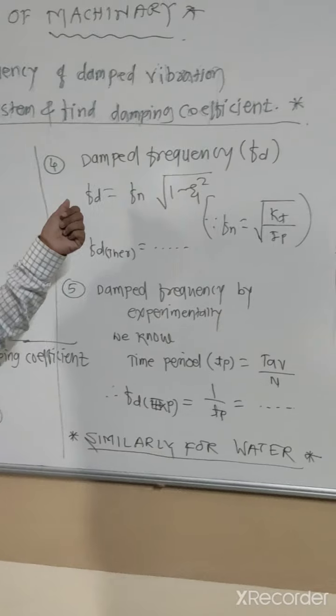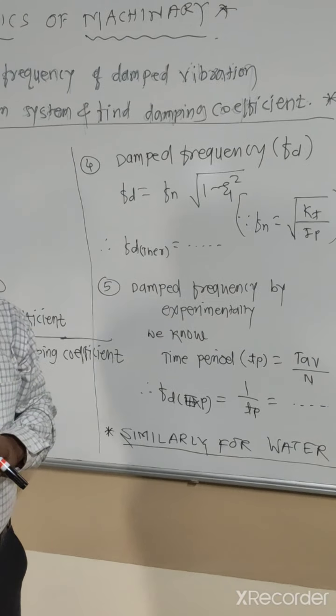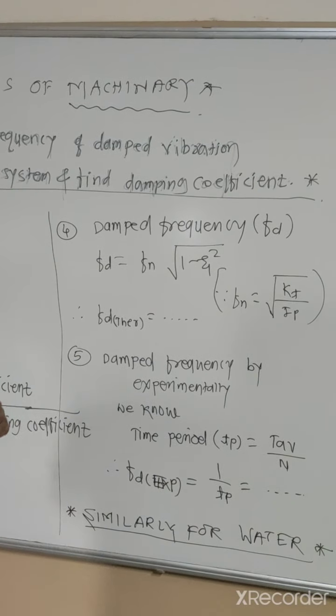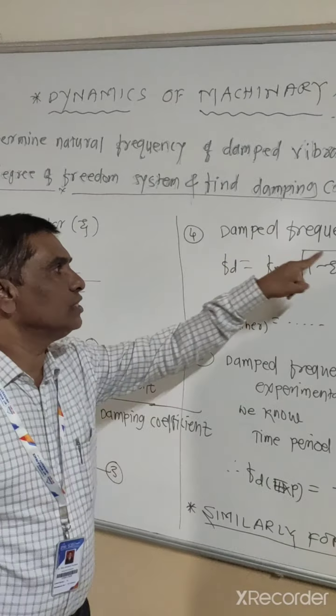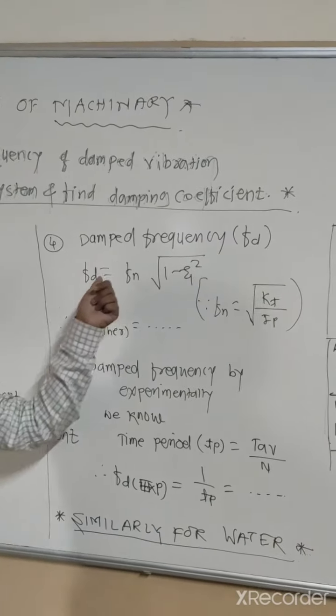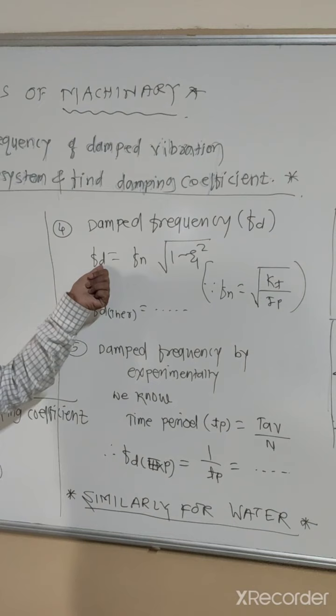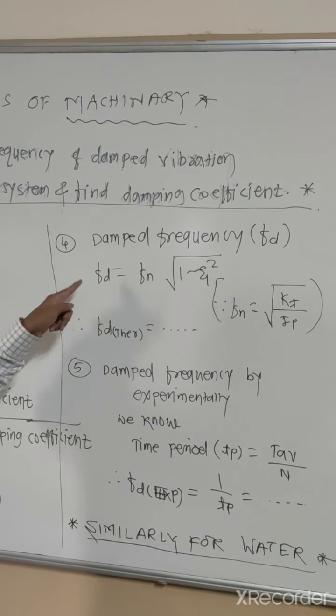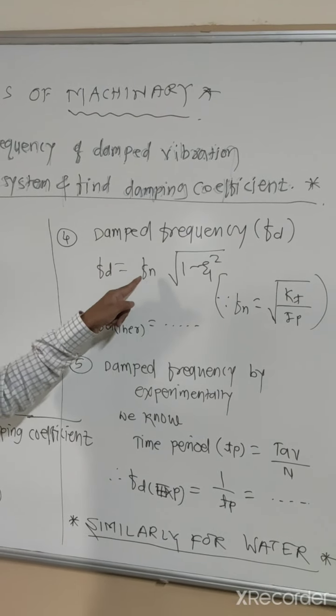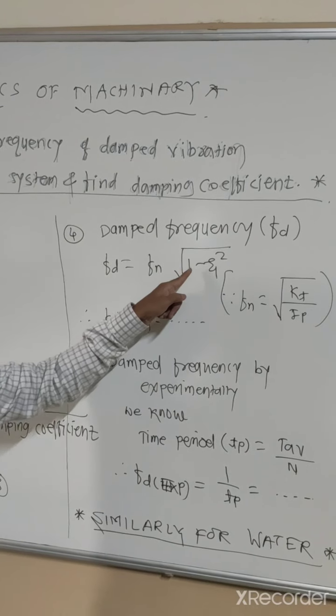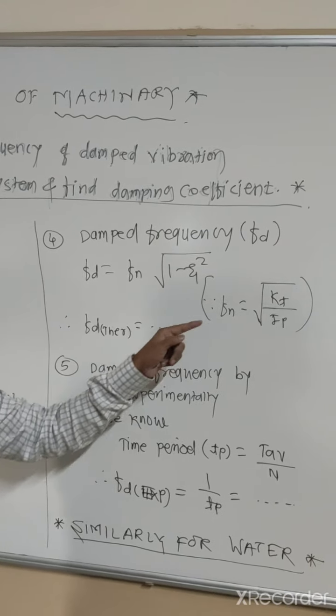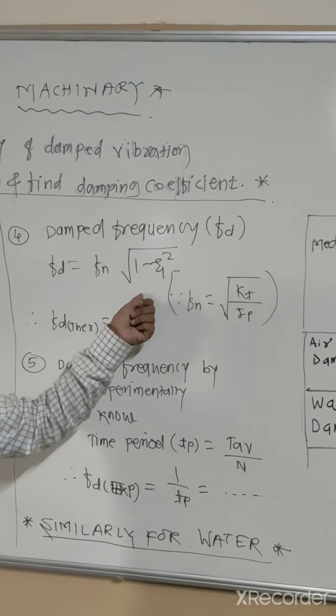Now we need to find the damped frequency. How is it to be determined? The damped frequency is denoted by Fd, where d means damped and F means frequency. Therefore Fd is equal to the natural frequency multiplied by under root 1 minus zeta square. But this natural frequency is again unknown to us.